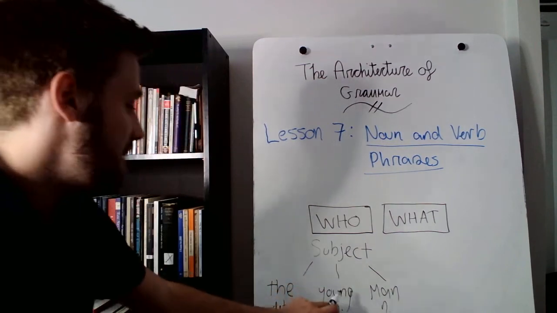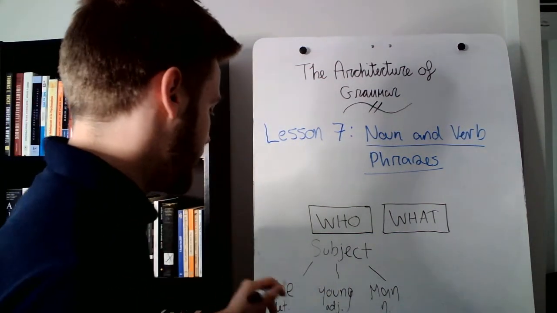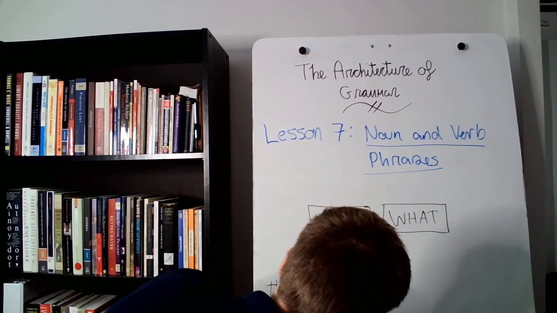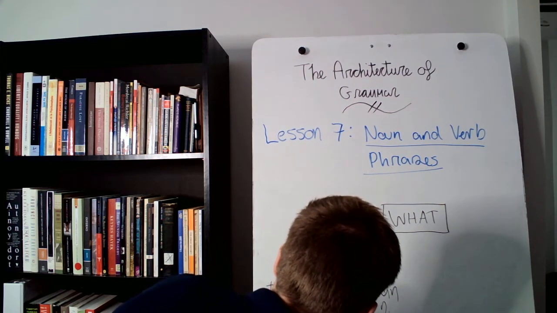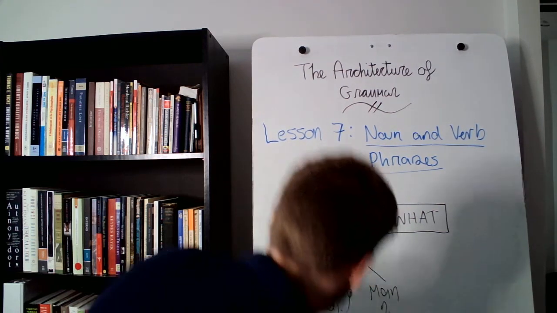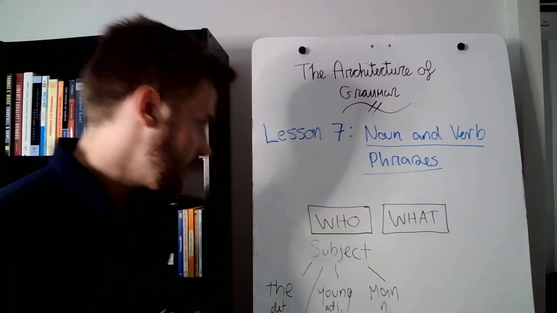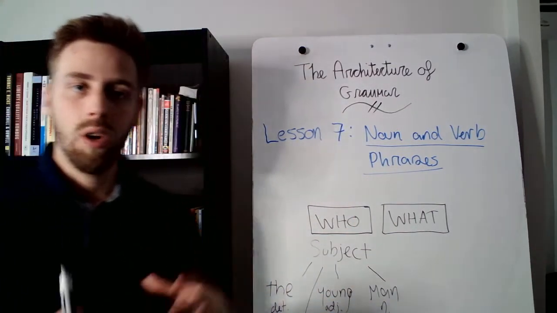Now we can add between the determiner and the adjective an adverb. So we're going to add it here. The extremely young man drinks coffee. That's just one example.